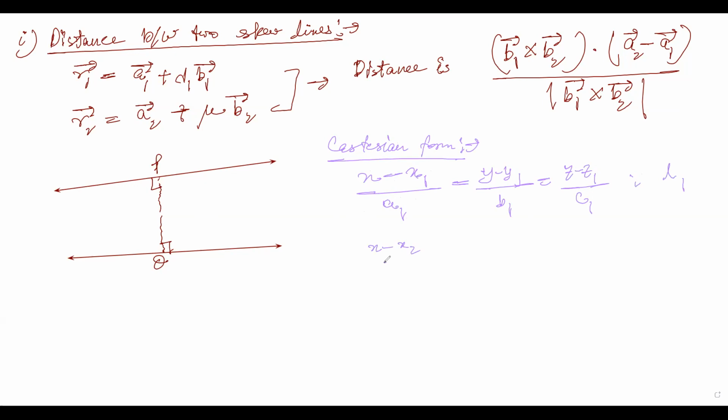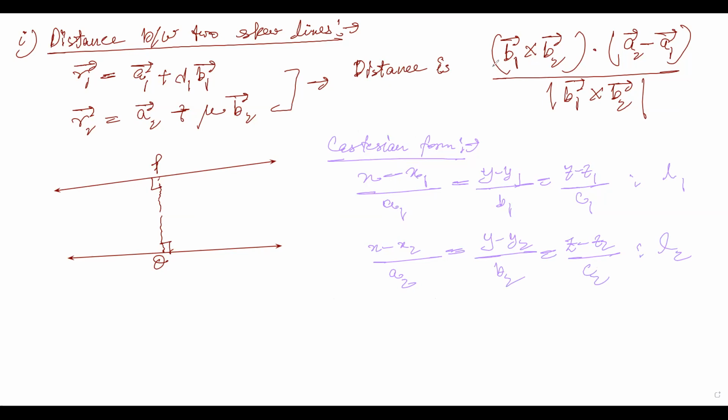Then we have another line, x minus x2 divided by a2 is equal to y minus y2 divided by b2 is equal to z minus z2 divided by c2, and this is line L2. So always remember, you can practice the whole lines chapter through this. Write the vector equation, write the Cartesian form, and try to memorize all the formulae from here.